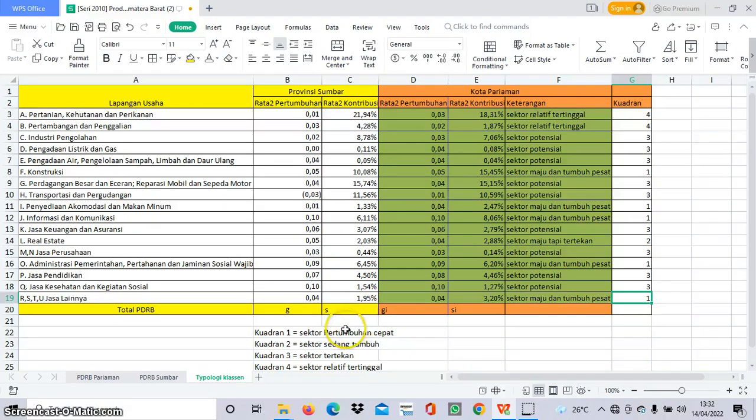And from the result, we can see that there are business files in the city of Pariaman in quadrant 1, 2, 3, and 4.